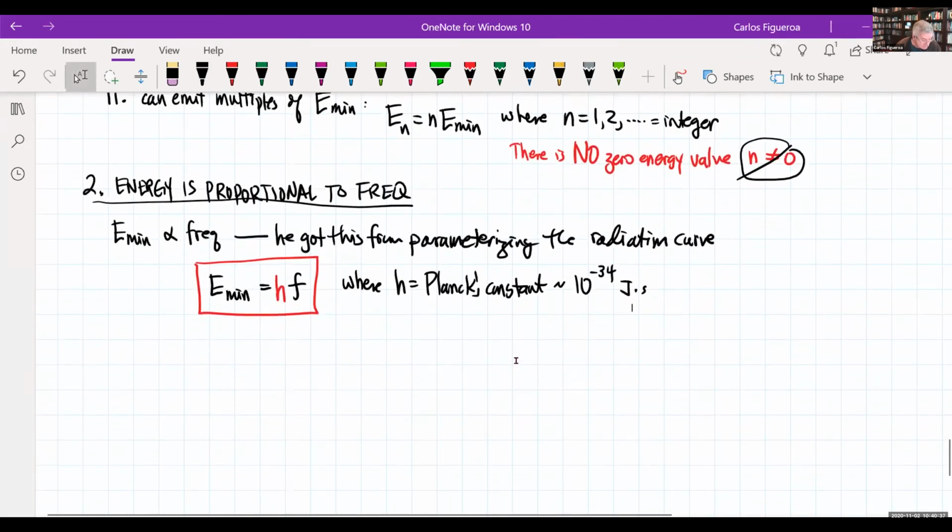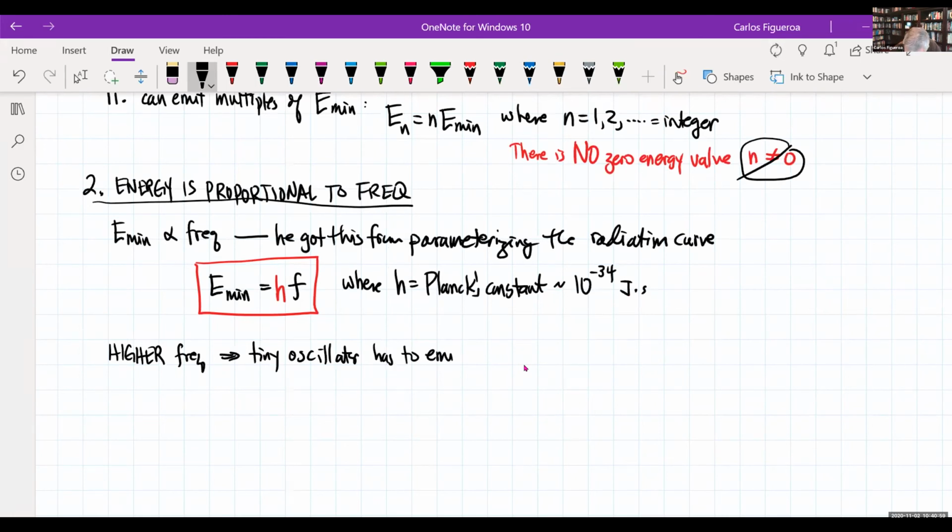He means this. If you have a higher frequency, then the tiny oscillator has to emit a higher minimum energy.